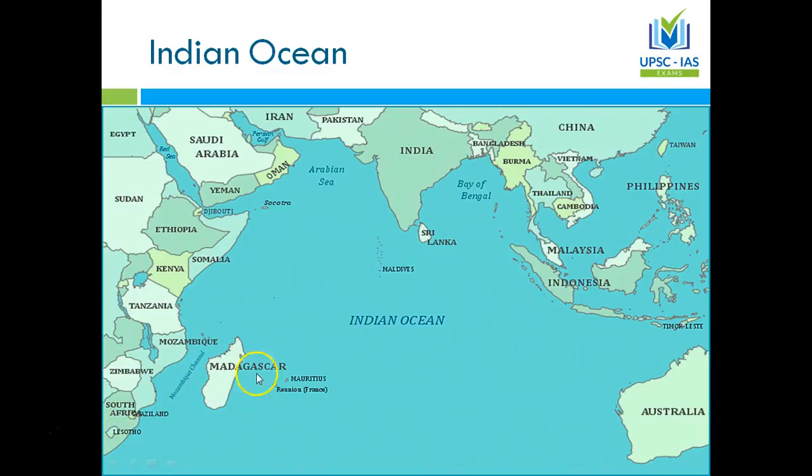This is again a part of Africa, this island known as Madagascar. I clearly remember a couple of months ago we talked about the business of sapphire. It is an expensive stone, right? That is found in this part of Africa, an island known as Madagascar.